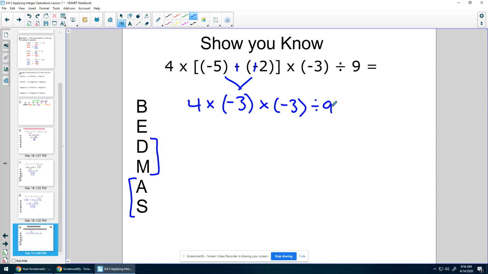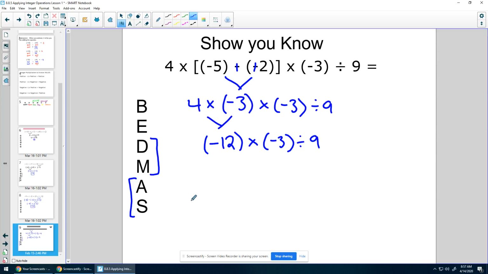Okay, next step. No brackets left, exponents no, division yes, and multiplication. And remember, that goes left to right. So we're going to do our multiplication first. So we have 4 times negative 3. Remember, negative times positive gives us a negative. And we're going to drop down the rest of our problem.